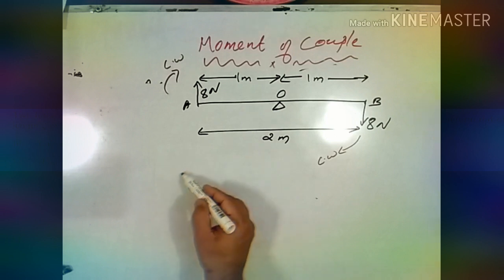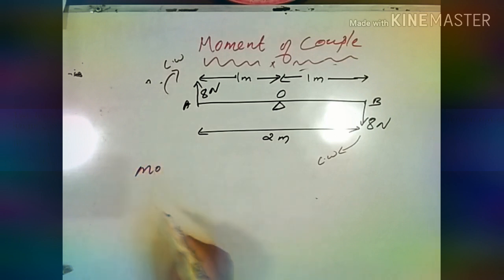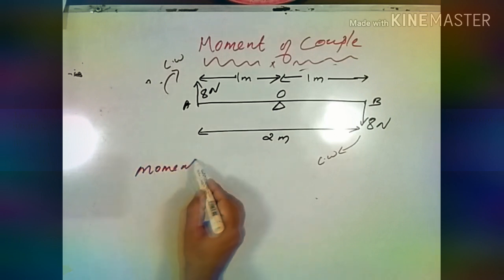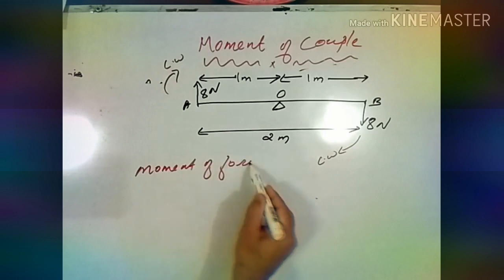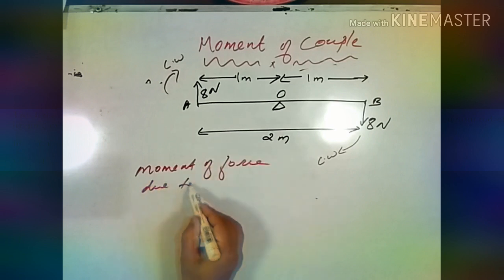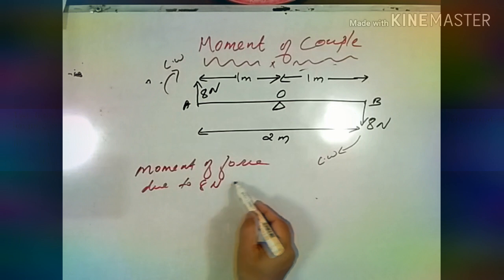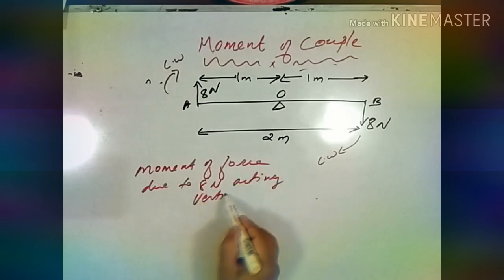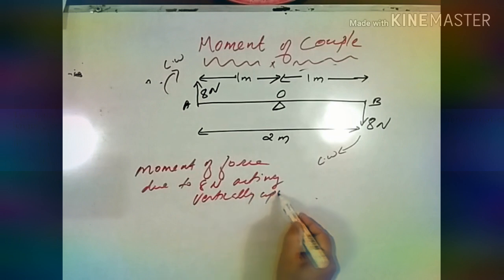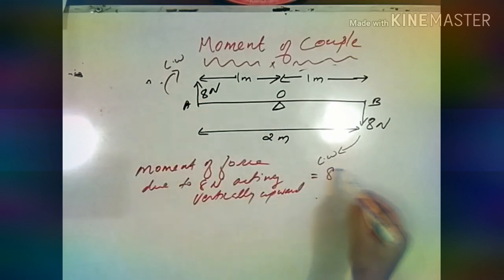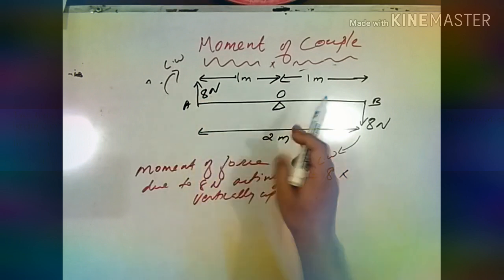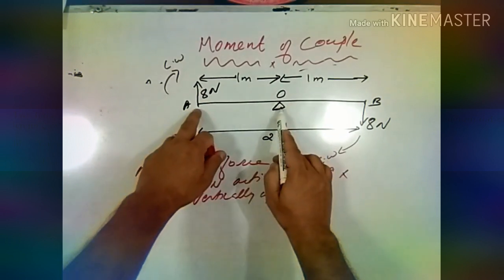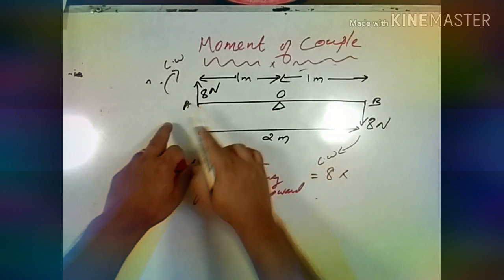So, moment of force due to 8 Newton acting vertically upward. What is the moment of force? Force, 8, into what is the distance between the fulcrum and the point here?